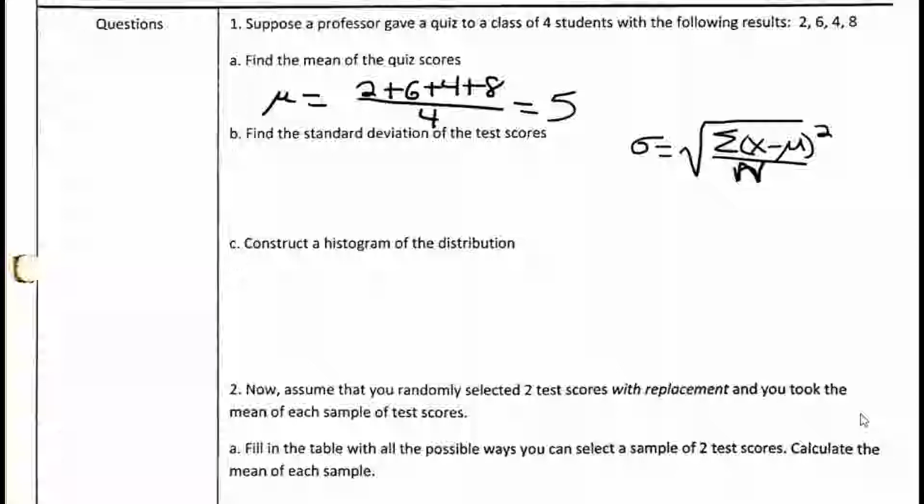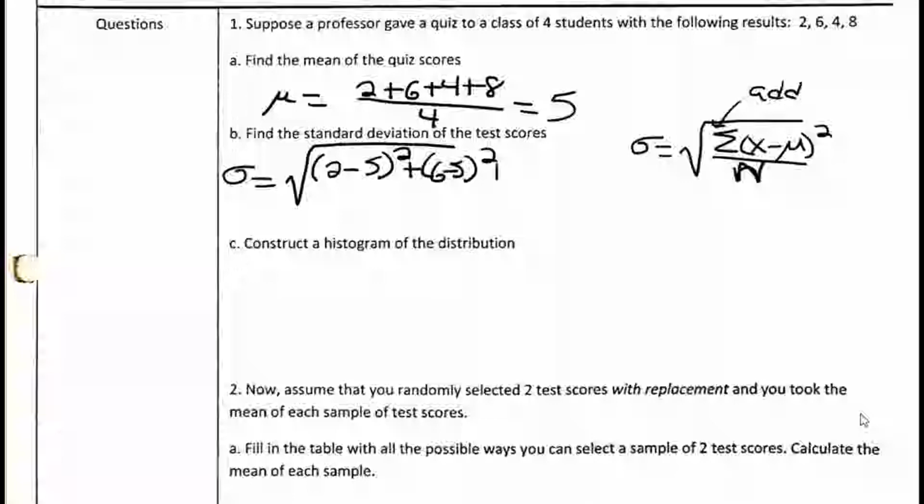So in order to do this, you're simply going to remember the sigma means to add. X is your test score, and mu is what we just found. N is how many results we have, so 4 students. So we're simply going to do the test score minus the mean, square it, plus the next test score minus the mean, square it, then the next test score minus the mean, square it, and so on.